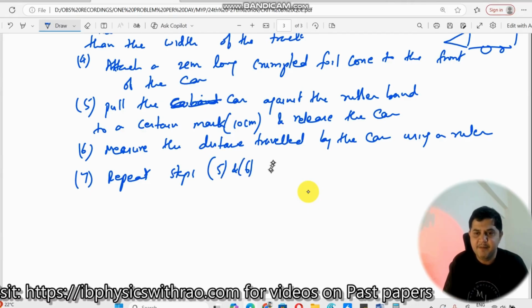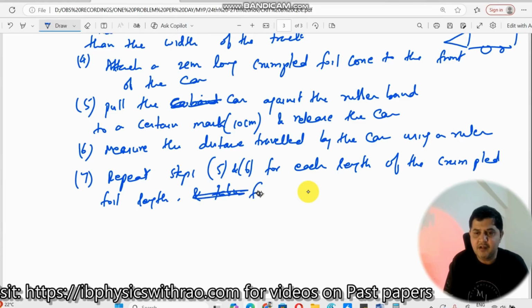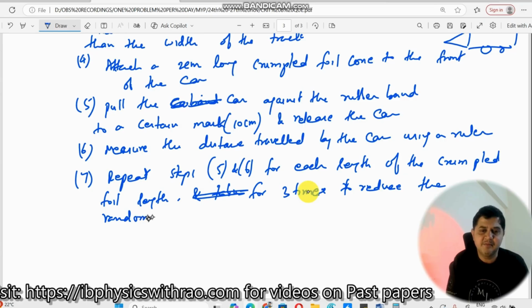Repeat steps 5 and 6 for each length of the crumpled foil for 3 times and tabulate. It's very important to reduce random error.